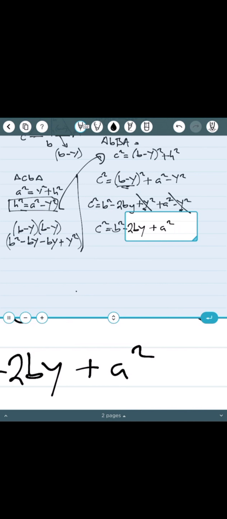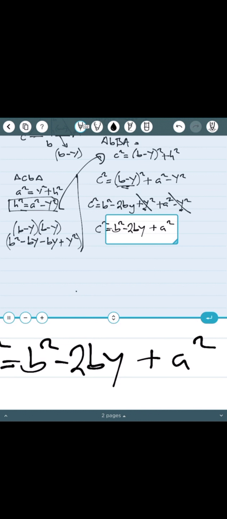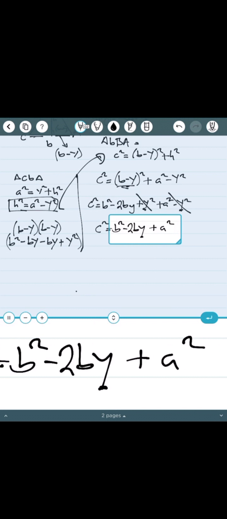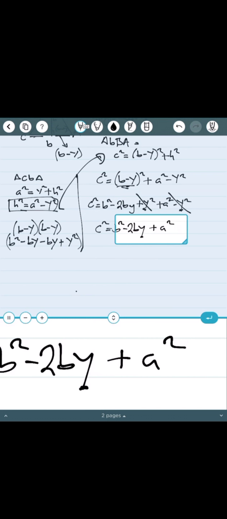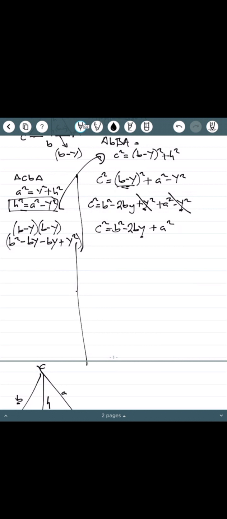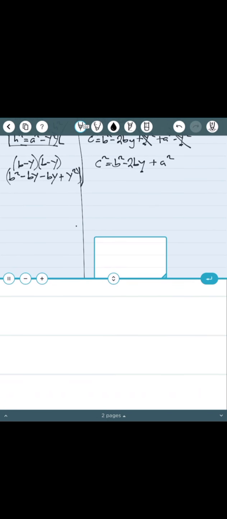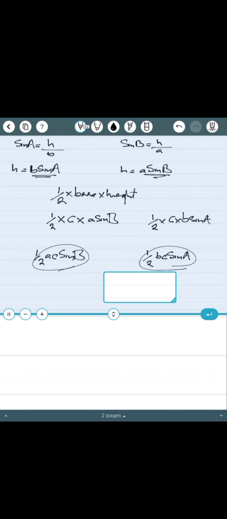But now we see that we cannot conclude here, because we are still remaining with something that originally was not there in the question, which is y. So for us to settle, we need to find the value of y. So again, I'll separate my work like this.